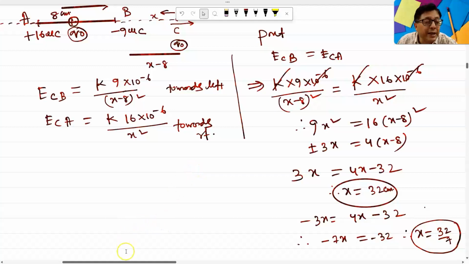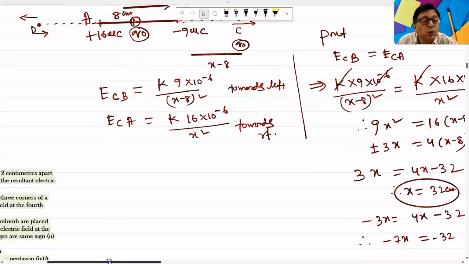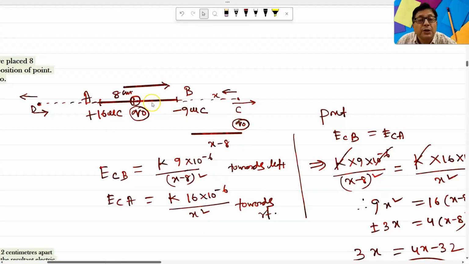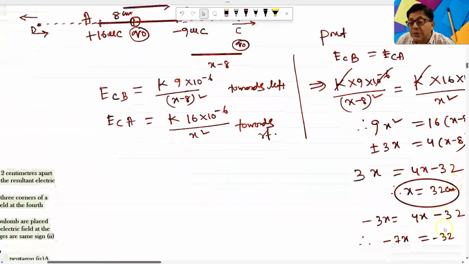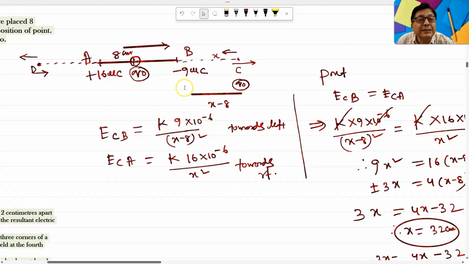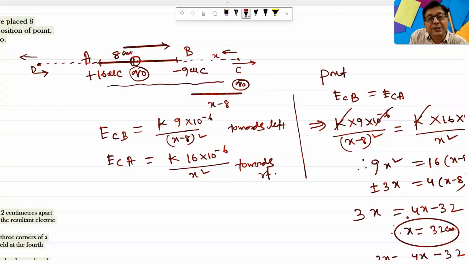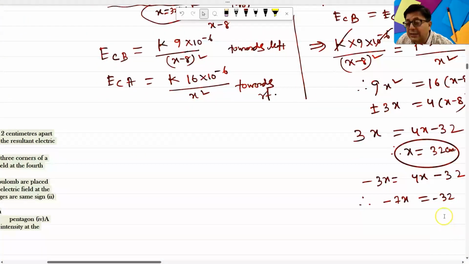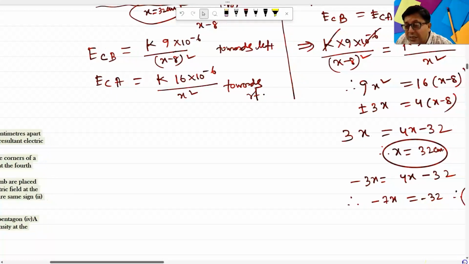Now a question arises, what are those two positions? This distance, x equal to 32, it will exceed 8. So we will be taking the value of x as 32 here. This part is 32 here. And the next one, it doesn't exceed, but it exists. X is 32 by 7 we got.